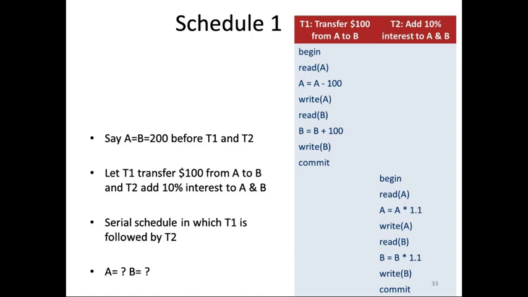And we have a serial schedule in which we first do T1 entirely and then we do T2 entirely. What will be the final state of the database? What will be the final value of A and B after this schedule that is once again a serial one? What do you think?